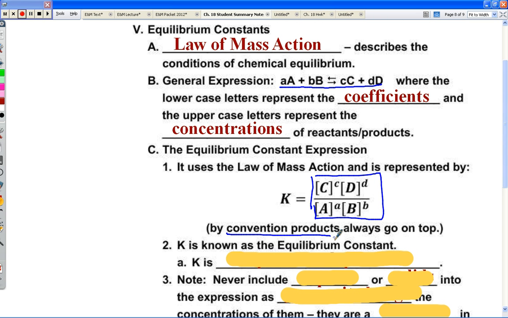By convention, the products always go on top. So these guys over here always wind up going on the top of your fraction, and the reactants always go on the bottom.